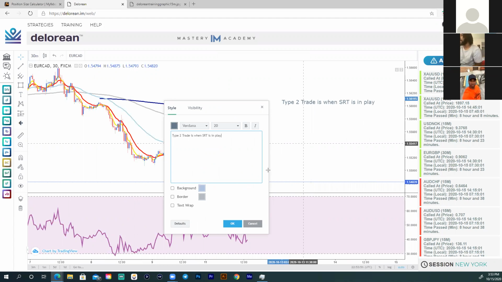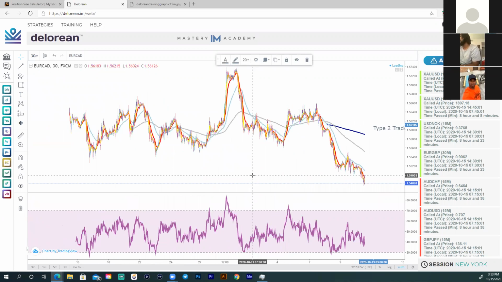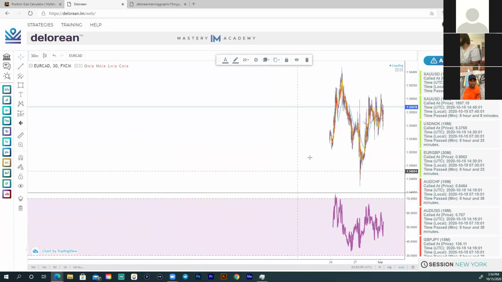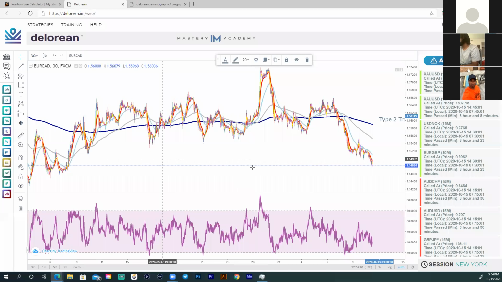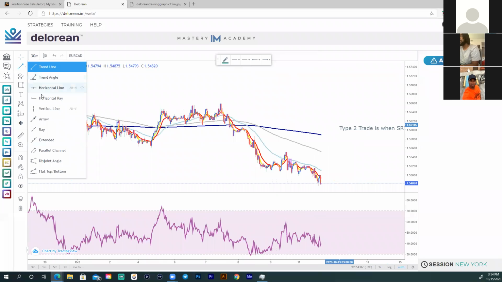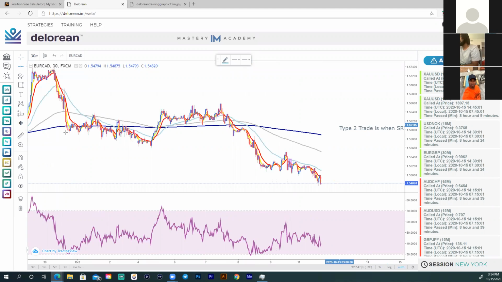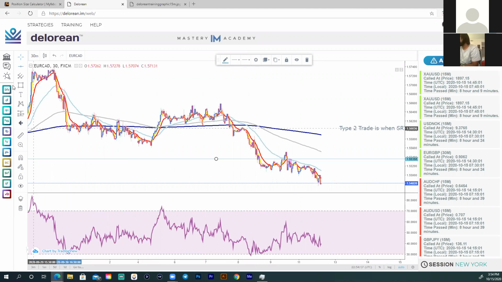And what do I mean by this? Your take profit is determined on support and resistance, the last level of support. So if I look past where we get in right here, I'm going to just mark this so I can see it clearly for myself. Boom.